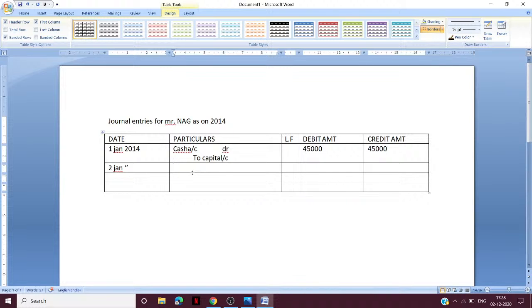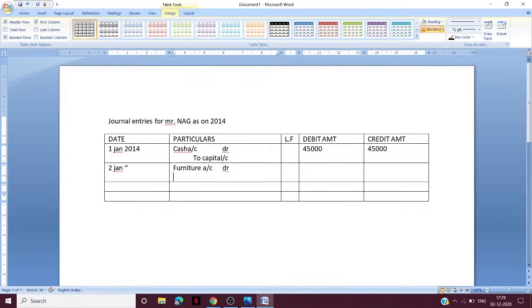So what we have purchased? Furniture. So furniture account debit to, what is going out? If we purchase, what will go out? Cash. So cash account.